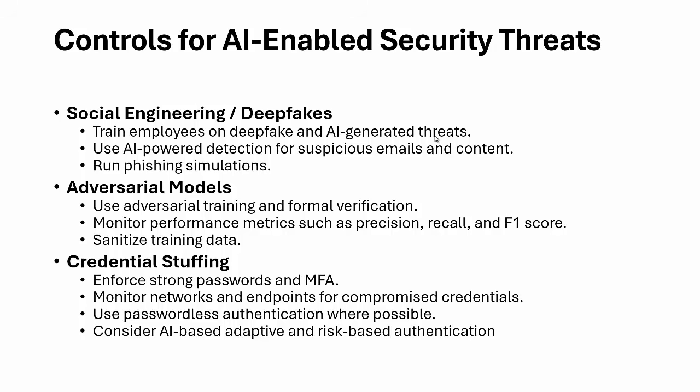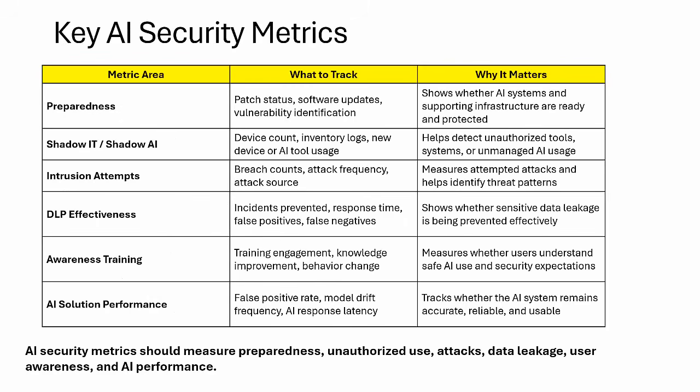When you're presenting any kind of metrics to management on security, we have to present these metrics. Preparedness, patch status, software updates: it shows whether the AI system's supporting infrastructure is maintained. Shadow IT, shadow AI, and device count, so it can detect unauthorized tools and systems. Intrusion attempts and breach count measure attempted attacks. DLP effectiveness shows whether sensitive data leakage has been prevented.